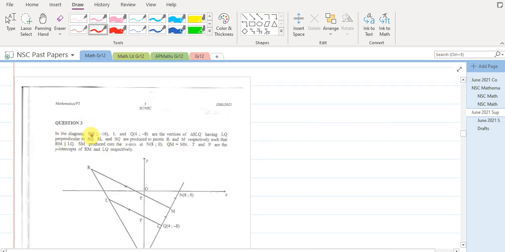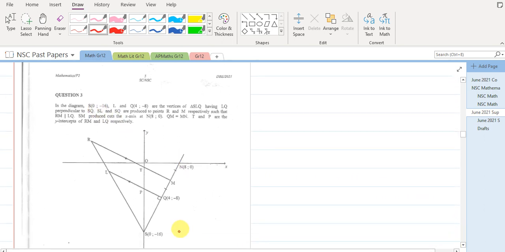Right, so question 3. In the diagram, S is the coordinate (0; -16). That was given. L and Q are the vertices of triangle SLQ. We have (4; -8), with LQ perpendicular to SQ.